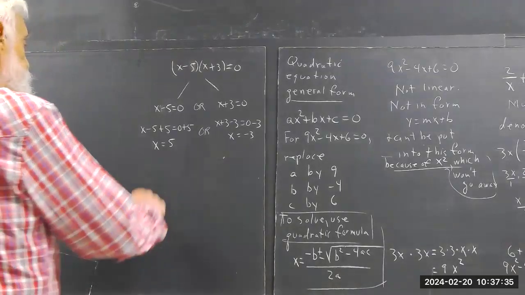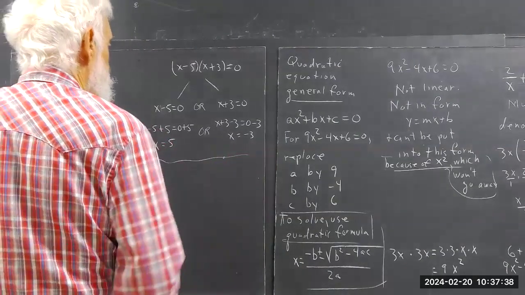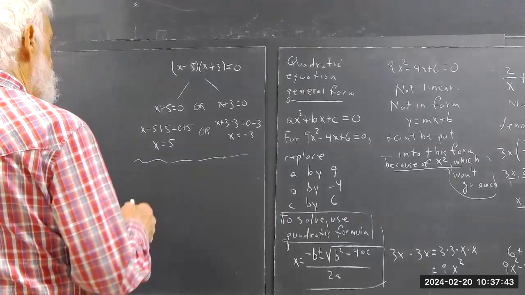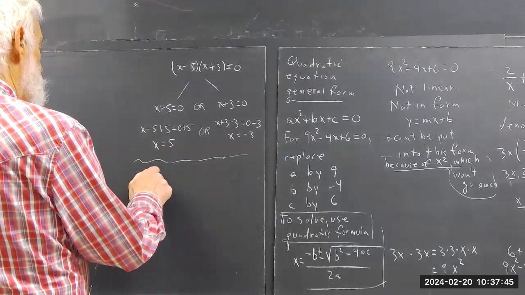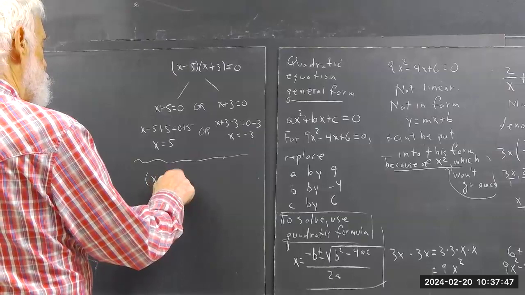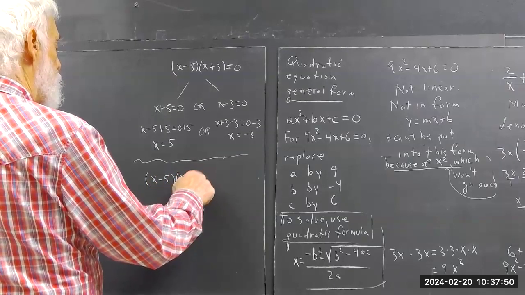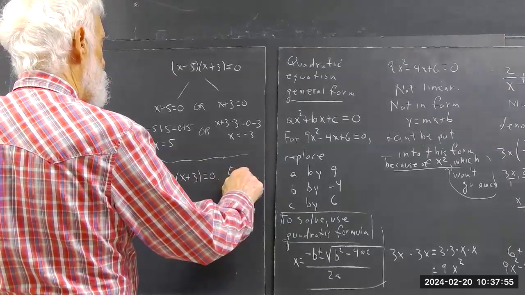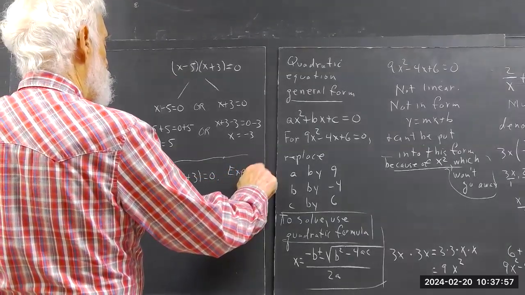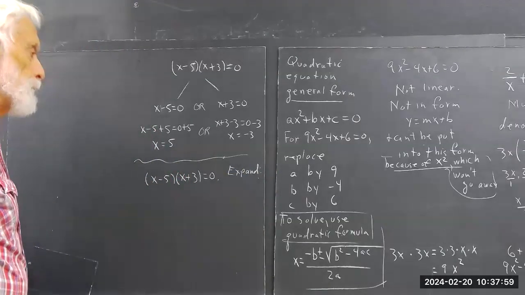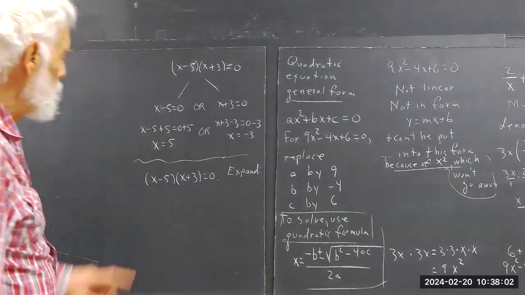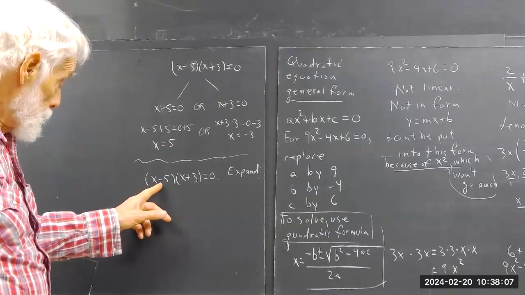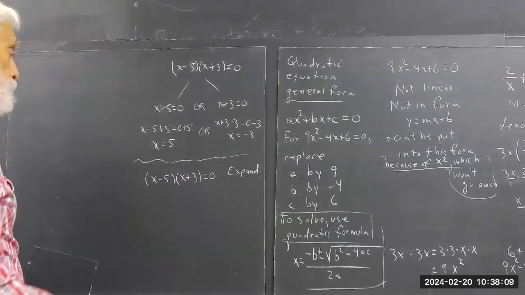Now, let's look at what this equation looks like if we expand it. By expanded, it means we use the distributive law to do this multiplication of this expression by this expression.